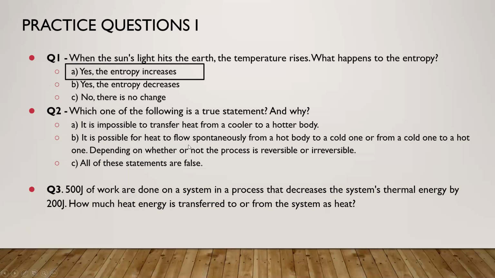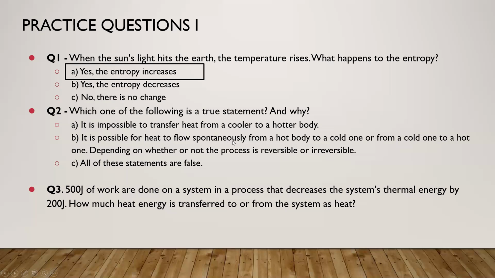It is possible for heat to flow spontaneously from hot to cold, or from cold to hot, depending on whether or not the process is reversible or irreversible. So this statement isn't entirely true. It is in fact possible for heat to spontaneously flow from a hot body to a cold one, but the reverse isn't possible.